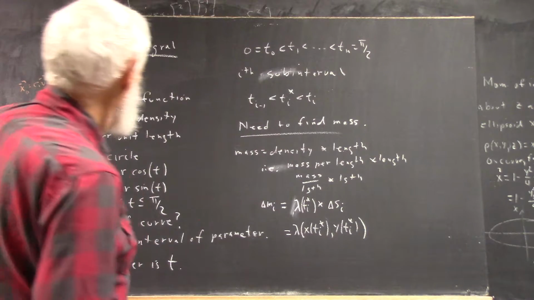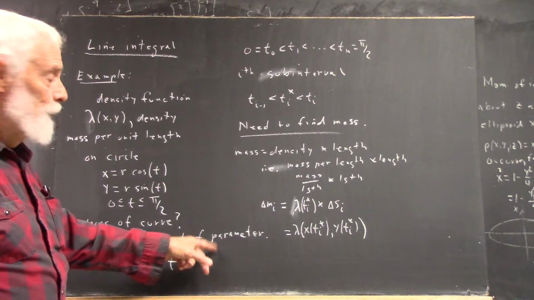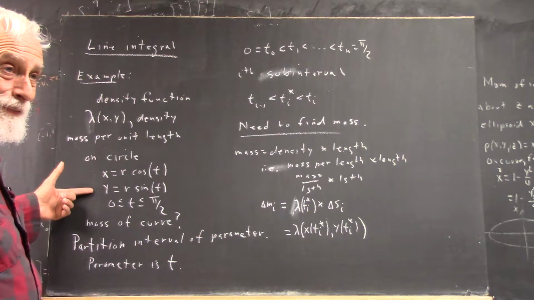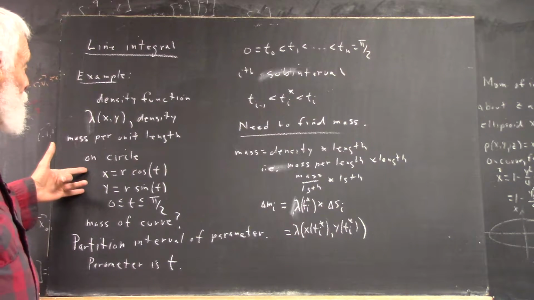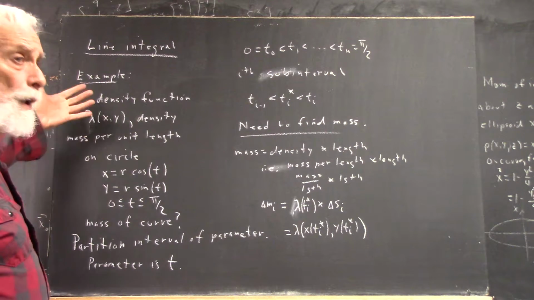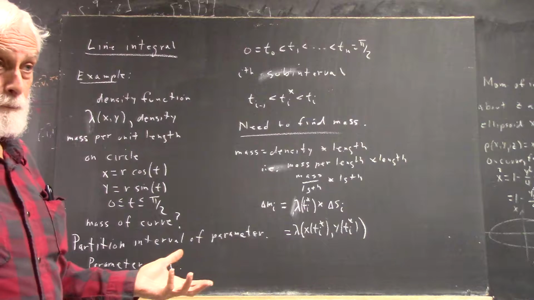So, in general, your parameter is used to define your coordinates, which are then used to calculate whatever it is you're calculating on the interval.